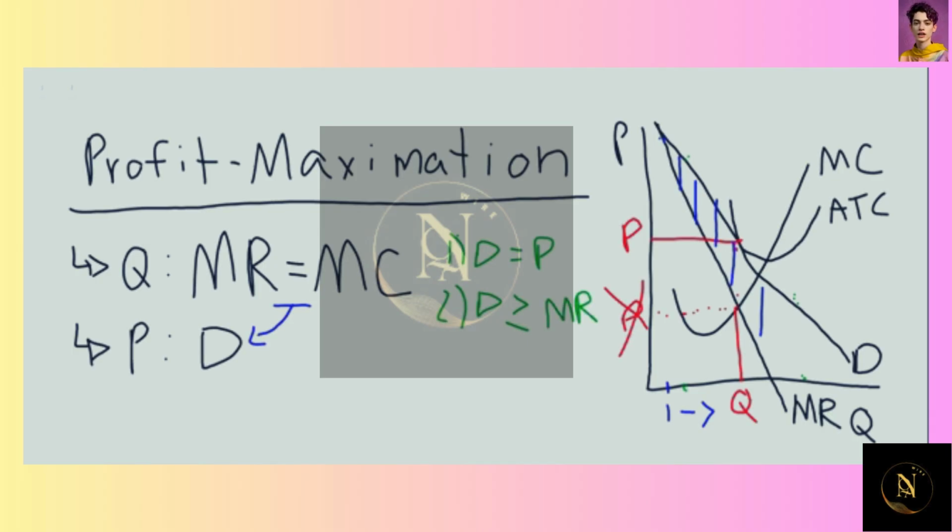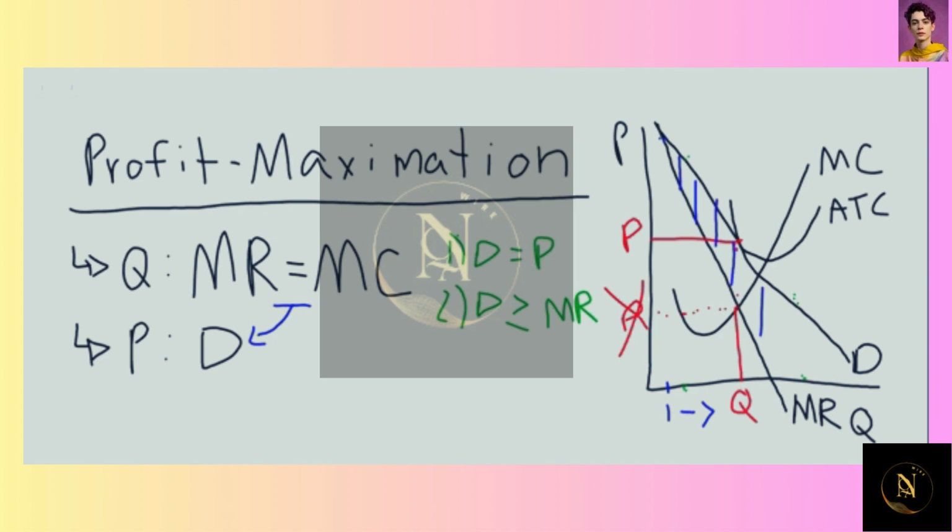Okay, so that's actually all we need to get a relationship between price and marginal cost. So let's do a little substitution here. So our demand is always going to be greater than or equal to our marginal revenue. And these in the green right here, this is if we're profit maximizing. These are some things we should expect.